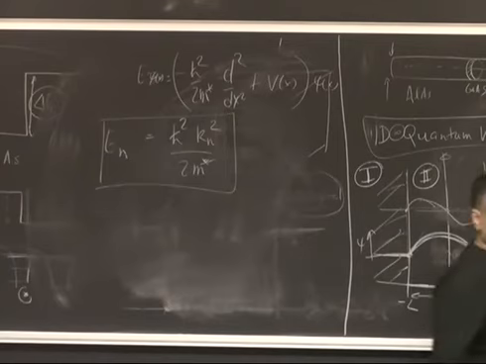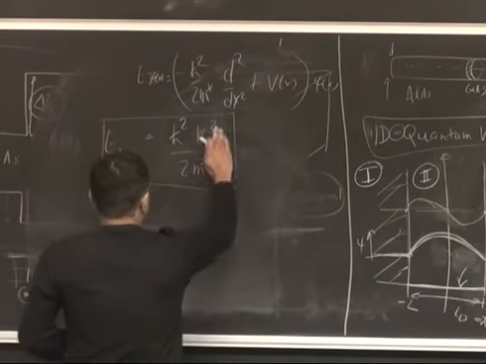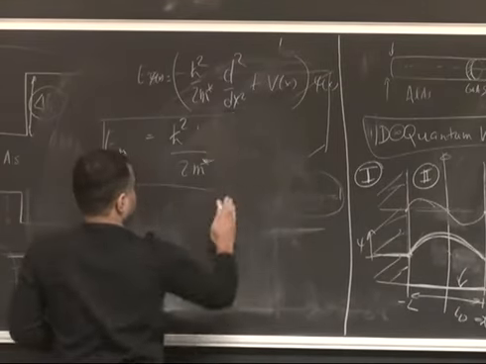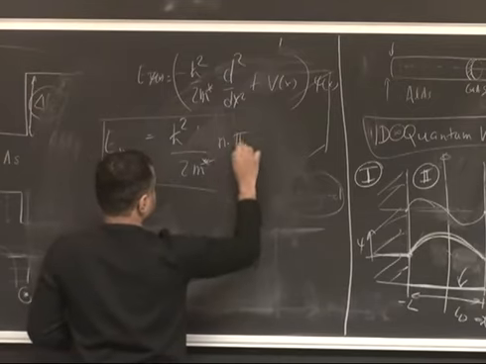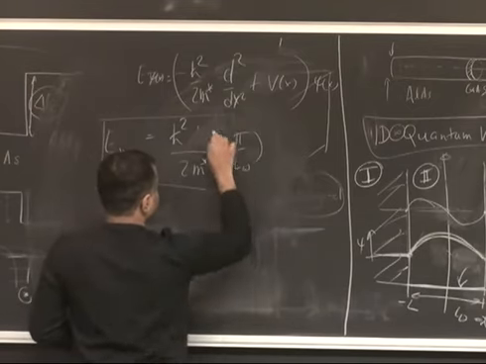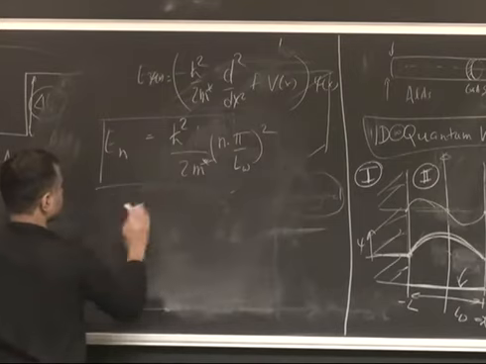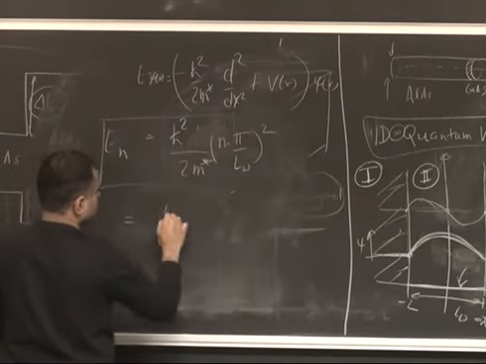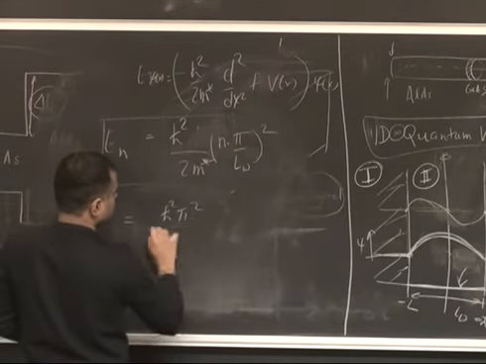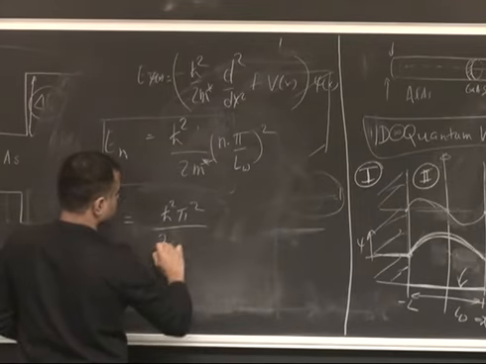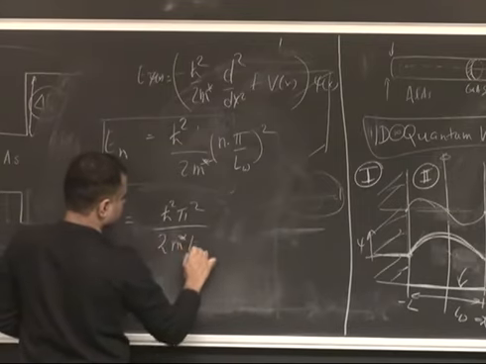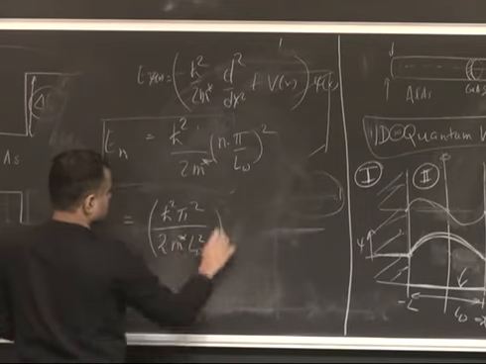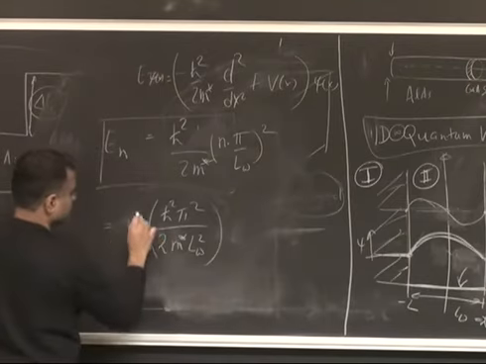From here you can now substitute kn. We just found it's n times pi over the length of the well, whole squared. So En becomes h squared pi squared over 2 effective mass L squared times n squared.